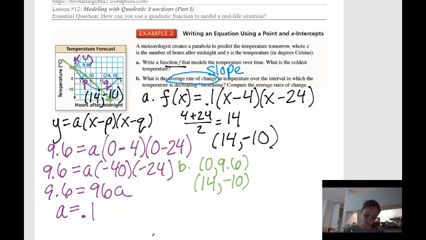So I want to know the slope of that line. And the temperature is increasing from the vertex, 14, negative 10, to the x-intercept, 24, 0. So I got 2 lines that I'm going to calculate the slope of.